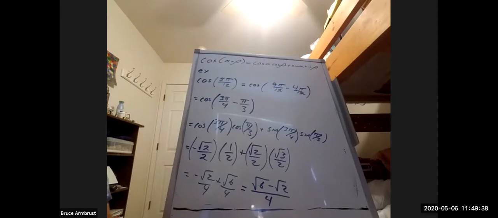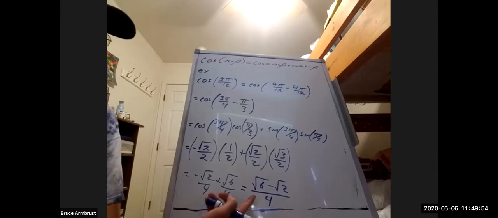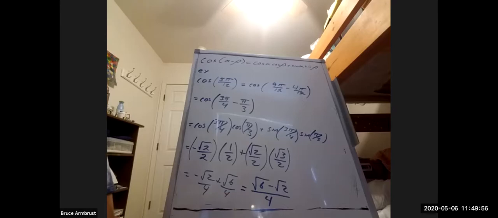So if you want cosine of pi over 12, 5 pi over 12, 7 pi over 12, 11 pi over 12, all the ones that we don't already know, we can now find their exact values. Don't bother trying to memorize this because we don't use it all that often. It's not nearly as often as the other special angles, but we basically expanded how much of the circle we can calculate.